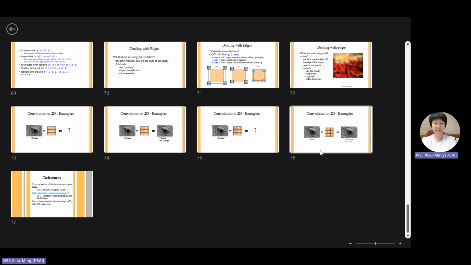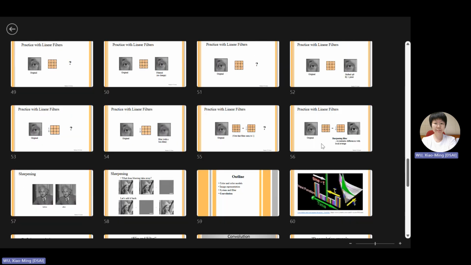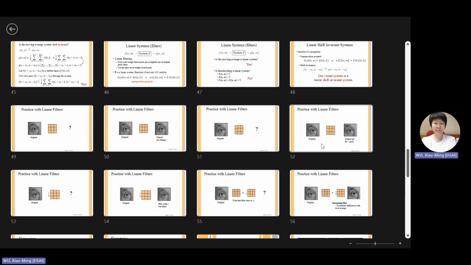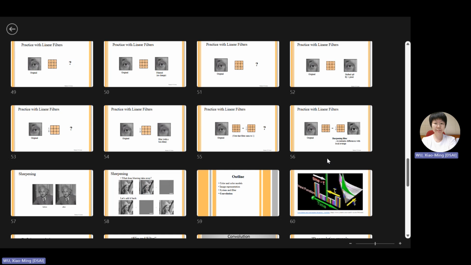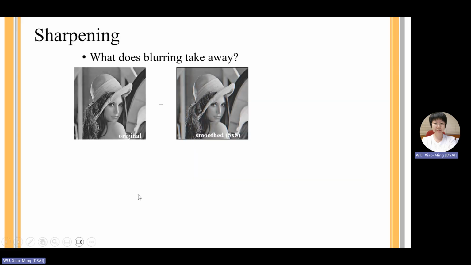We have introduced a variety of filters. Remember? What can a filter do? A filter is typically represented as a matrix. We have seen filters that can be used for smoothing, shifting, and sharpening effects.